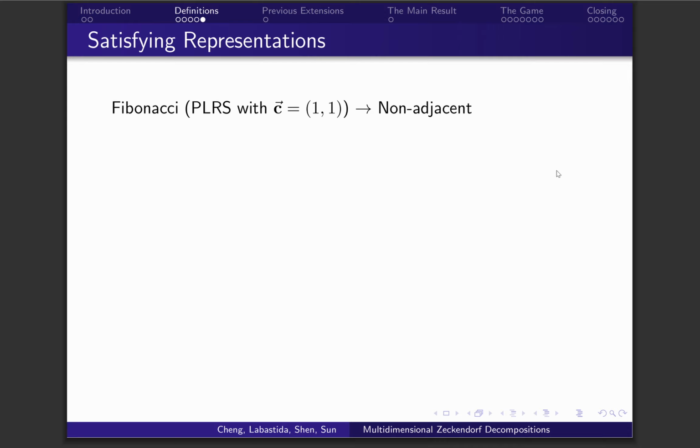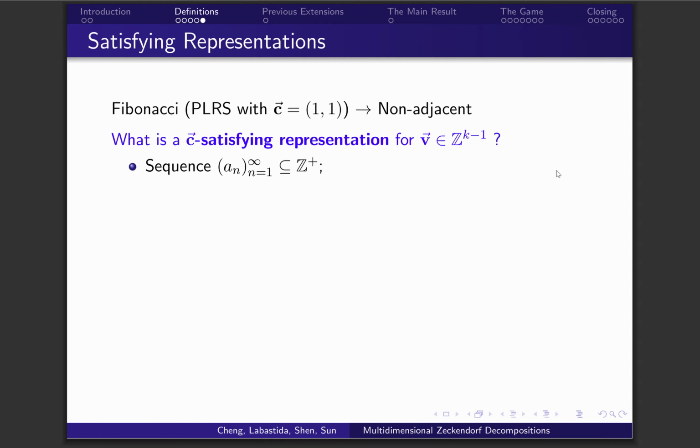Now, let's talk about the satisfying representation. Before we dive into the general case, let me remind you what the Fibonacci case looks like. Fibonacci numbers are PLRs with vector c = (1, 1), which means they are non-adjacent Fibonacci numbers. And now, what is a vector c satisfying representation for vector v in Z^{k-1}?